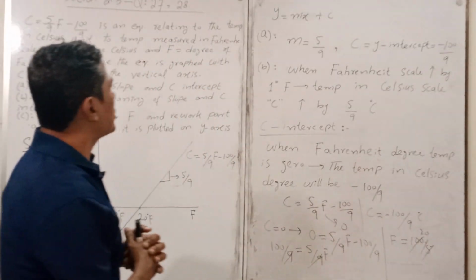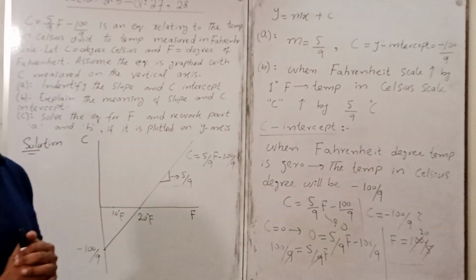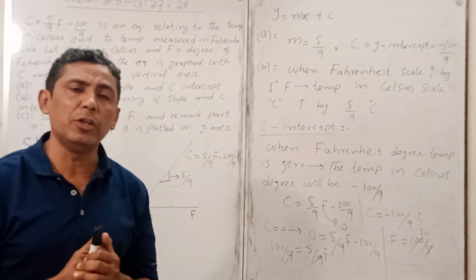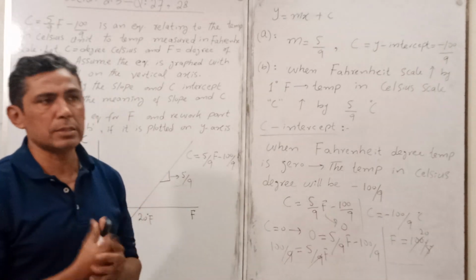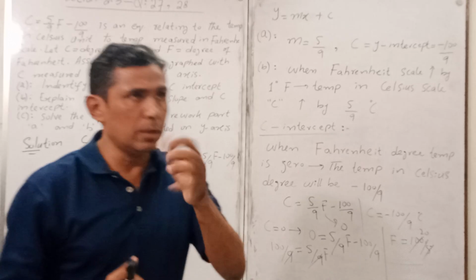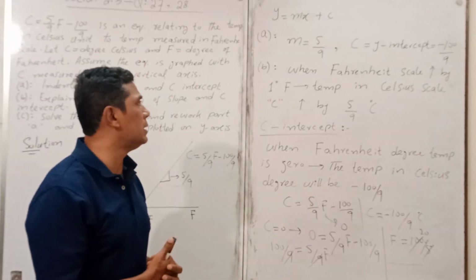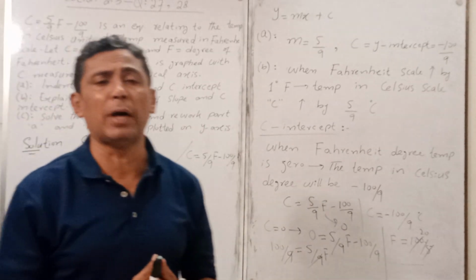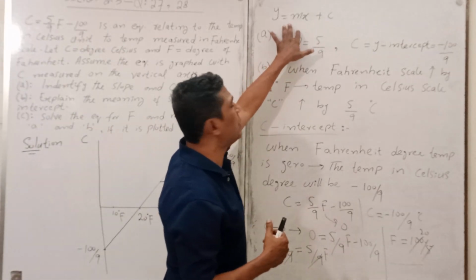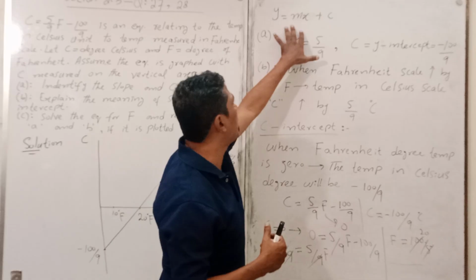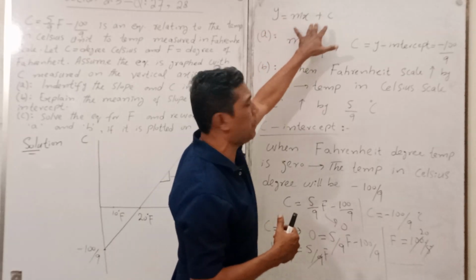So first of all we found the value of slope and value of intercept here. That intercept is called C intercept. How did we find this value? We found this value with the basic standard form of the linear slope intercept equation, that is y equal to mx plus c here.